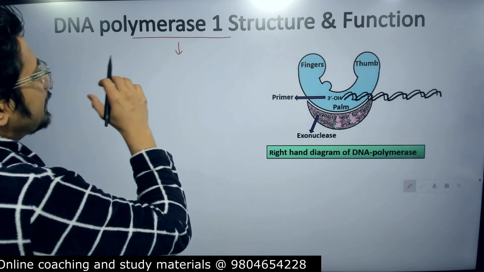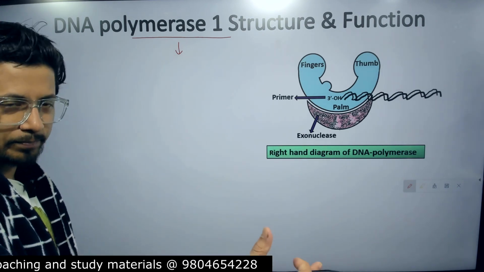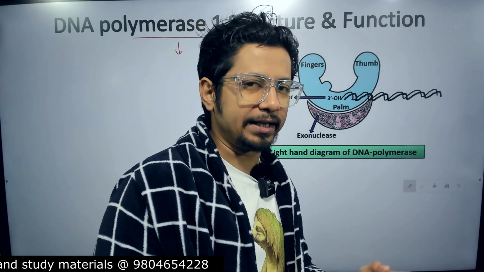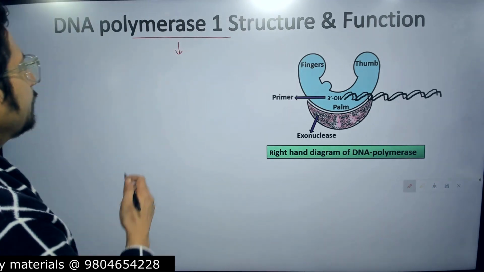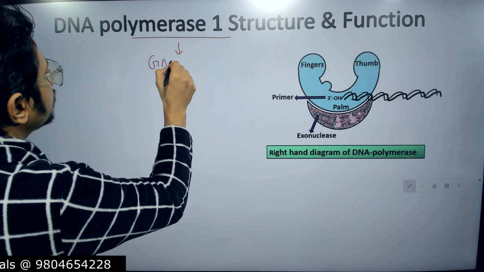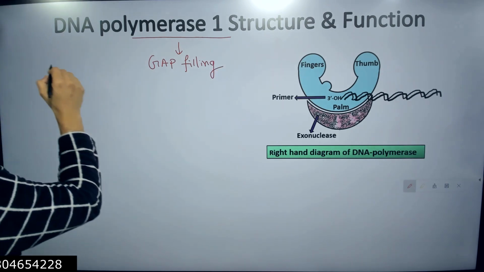The role is that they don't have any direct role in DNA polymerization, that means joining nucleotides to make the leading or lagging strand. No, DNA polymerase 1 is not involved in that process, but they are involved in the process known as gap filling and primer removal.